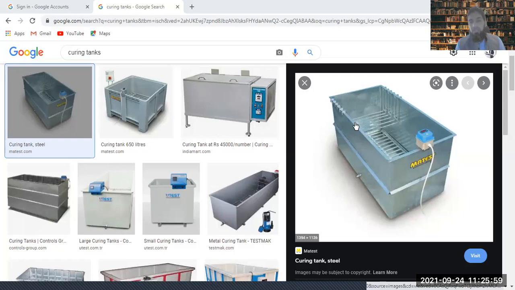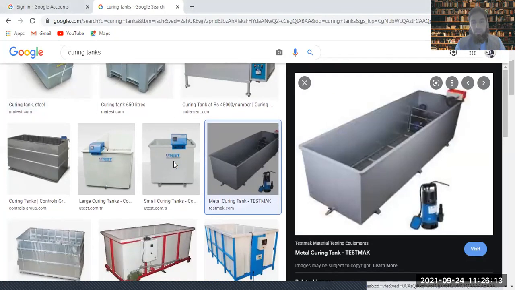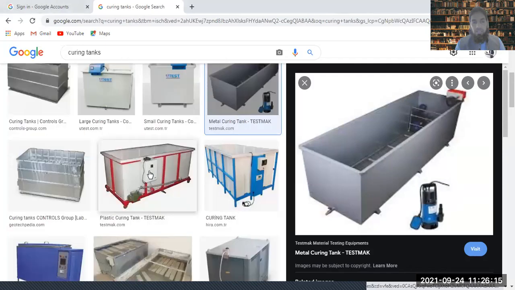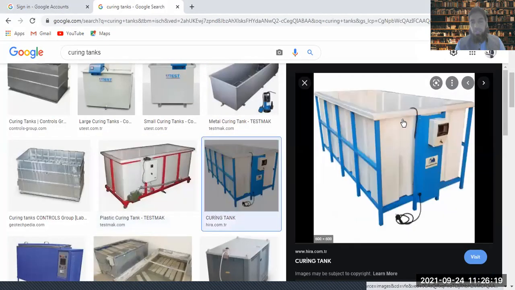You can make it with mild steel, or stainless steel if you want to avoid corrosion, and there is a regulator and a heater installed here. So curing tanks of different shapes and sizes can be made of steel, with regulation of the temperature, for study in the labs at controlled temperature as well as humidity.